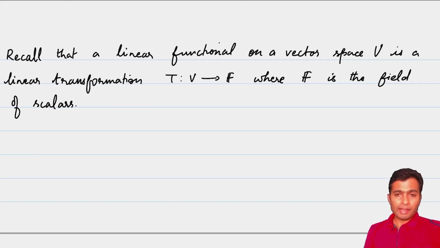So we have studied these objects in detail. We studied the dual of a given vector space. Nevertheless, it's good to recall in this context what a linear transformation is, because it's useful.